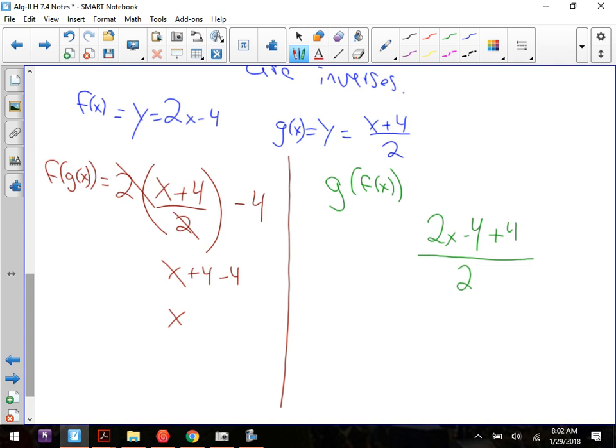Fractional stuff, when you have order of operations, take care of the stuff in the numerator. What's 4 minus 4? 0. So these two drop. And then 2x over 2 is x. And lo and behold, you get x.